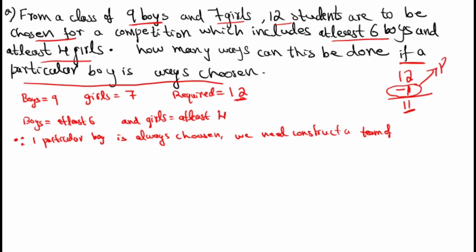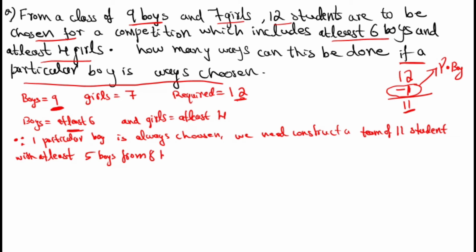We need to construct a team of 11 students with at least, see, you are selecting one particular boy. Yes or no? One particular boy is always chosen, right? So actually you need to select at least 6. Since one particular boy is already selected, we need to select a team of 11 students with at least 5 boys. From how many boys? 9 are boys given, but already one boy is selected.